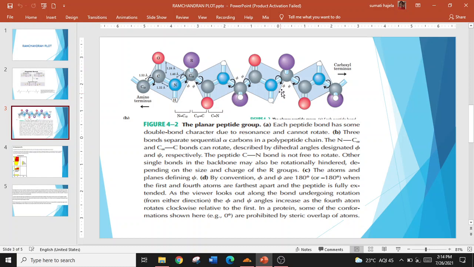Similarly here, all the spaces will be different because this amino acid is different, this amino acid is different, and this is also different, or these are same also, but how far they can exist to give the space to this R group.